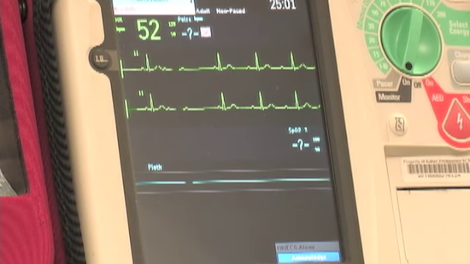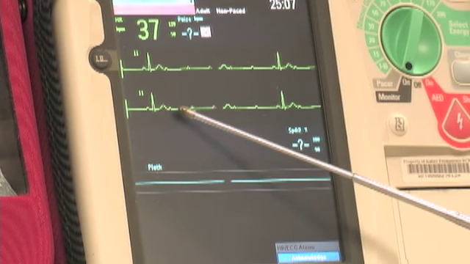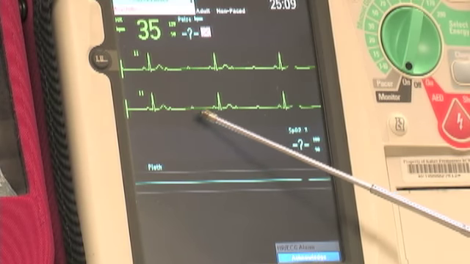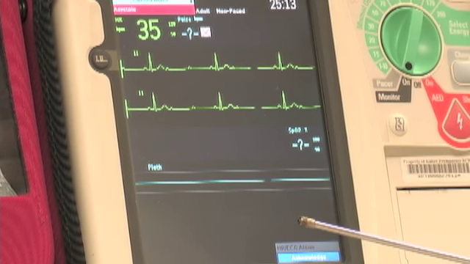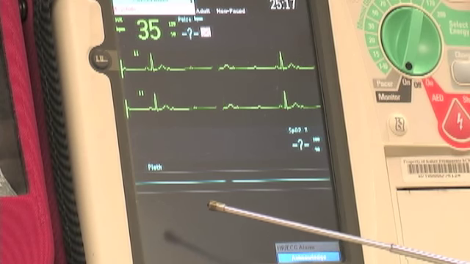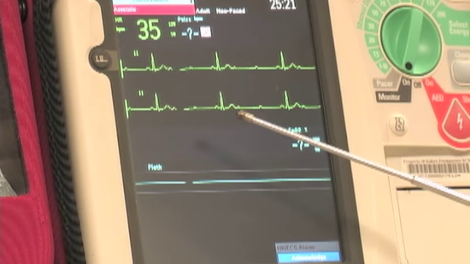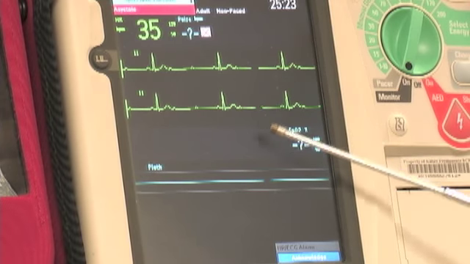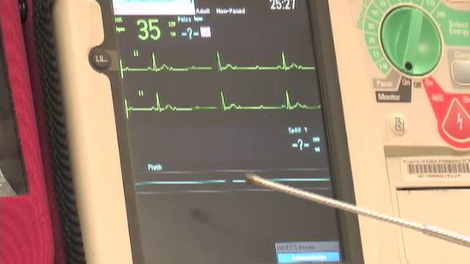Okay, we'll go to the next one. Now here we have P waves getting through, making a QRS, but then we have Ps that are left hanging without a QRS getting through. So the simple way to think about this is the atria are creating these P waves, but the conduction is not getting through consistently to make the ventricles create a QRS.